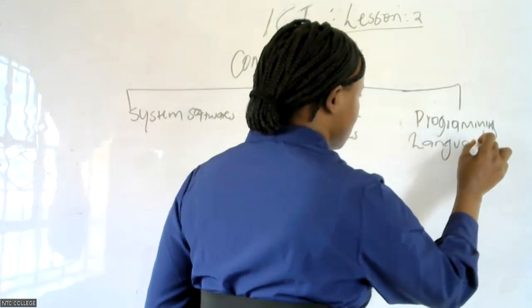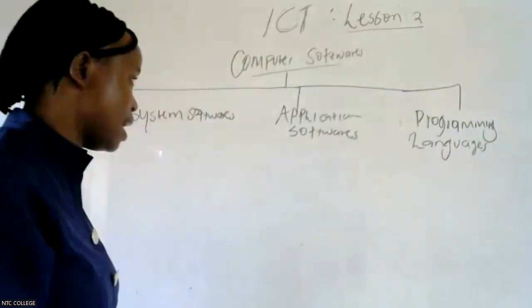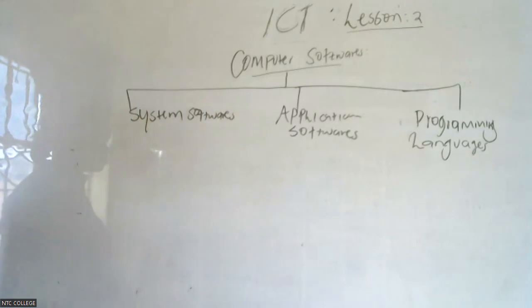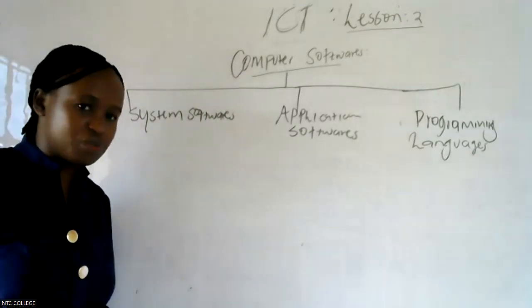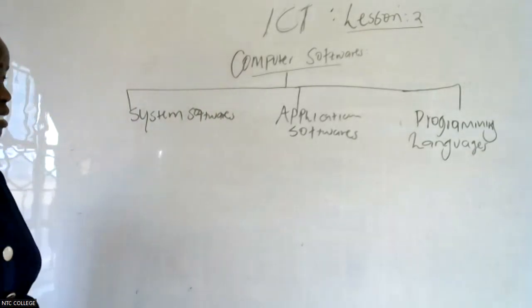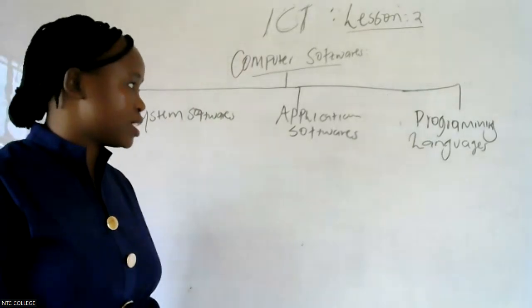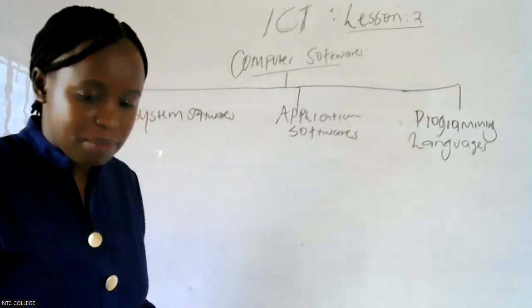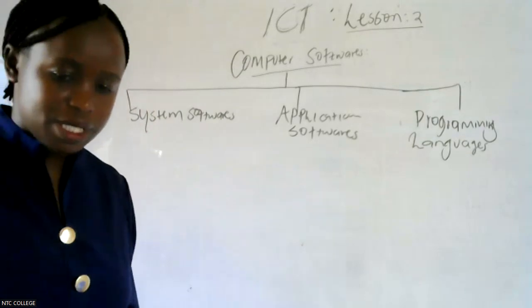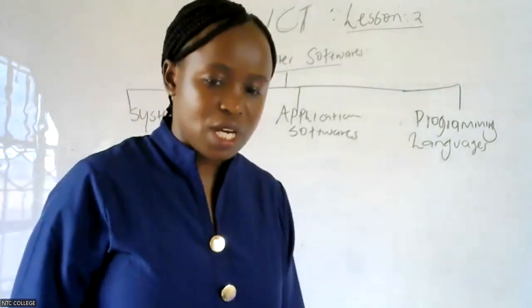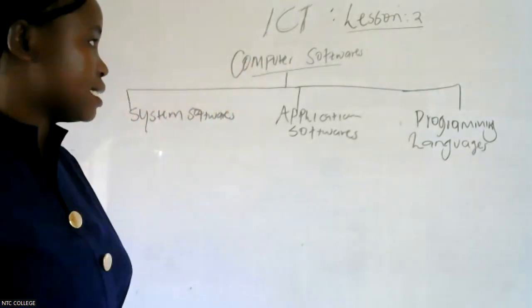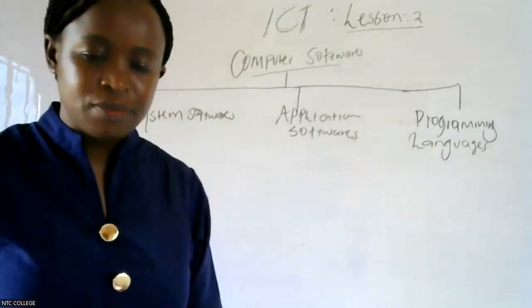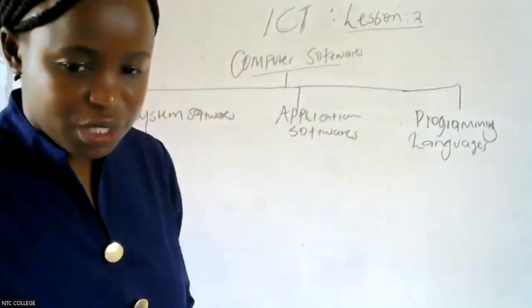And then what we are going to do is to understand the 3 categories that we have in terms of softwares, starting from the system software to the application software to the programming languages.